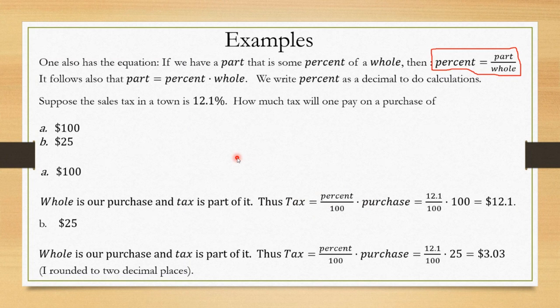Tax is part, purchase is whole. I didn't show it, but I substituted here, and I converted the percent to a decimal. And if you have $25 instead, it's the same idea.